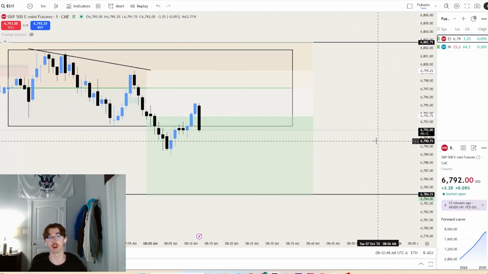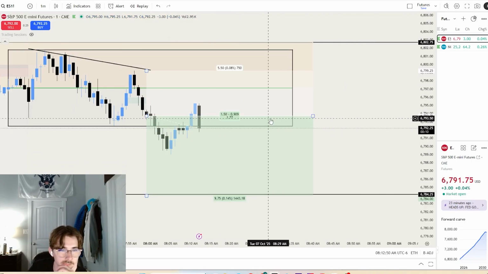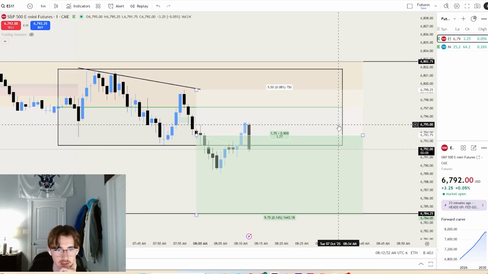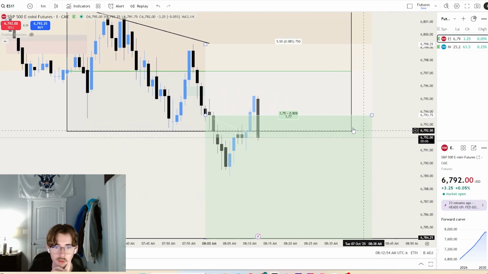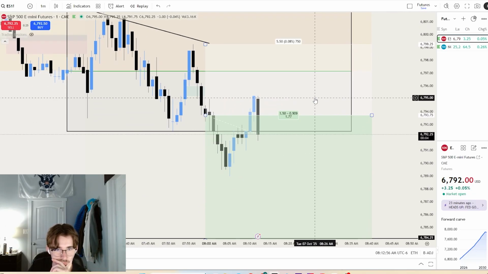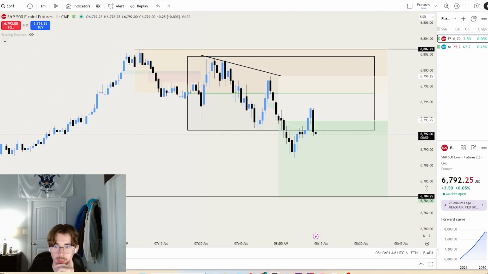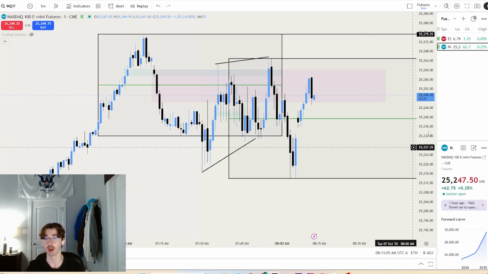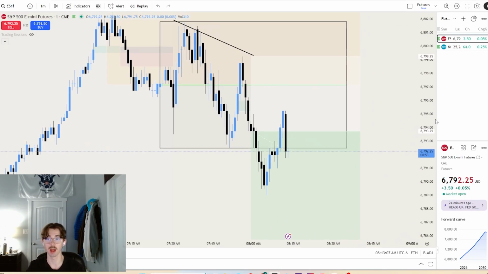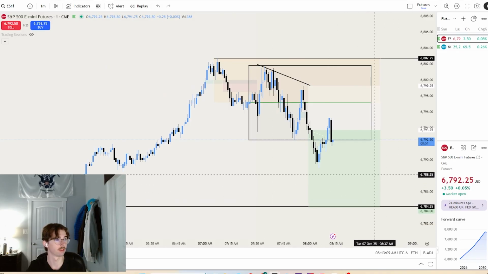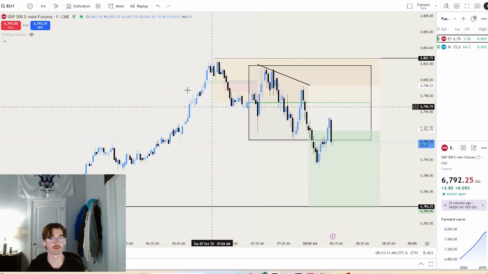This is a great reaction. If I would have stayed in, I would have been stopped out regardless, where I would have had my stop. I think this is a higher time frame retracement, which is good. I'm still learning. It's really good to step back and understand this.